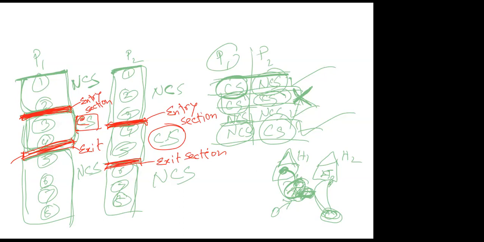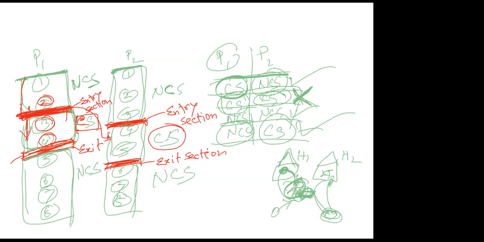Now what will this entry and exit section do? The entry section will check if this process executes line number 2 and then enters the critical section, which is lines 3 and 4. So this code segment will check whether this process has already entered the critical section or not. If it has not, then it will allow this process to enter the critical section.